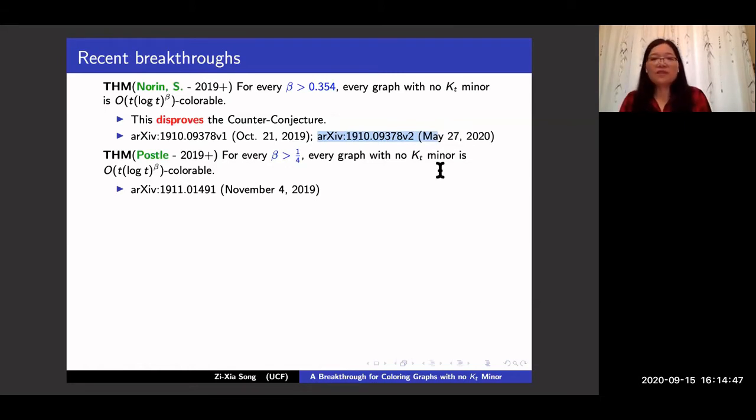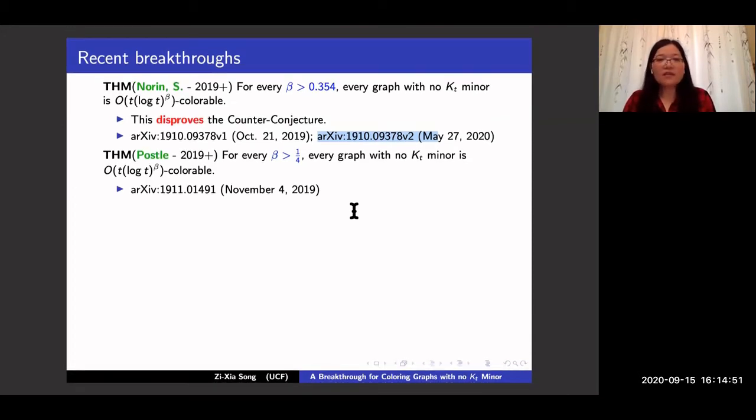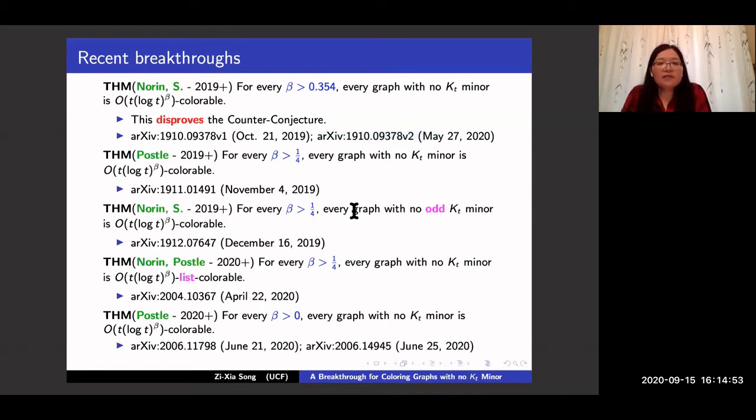Later with Sergey, we extended this to all of Hadwiger's conjecture for beta at least a quarter. We also proved every graph with no K_t minor is big O of t root log t to the beta colorable. And this year, I was very impressed: Sergey and Luke had this work for list coloring.